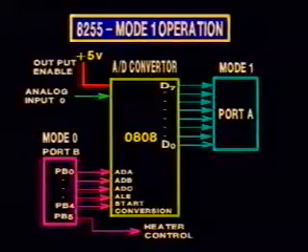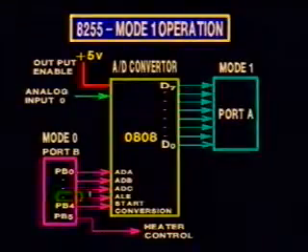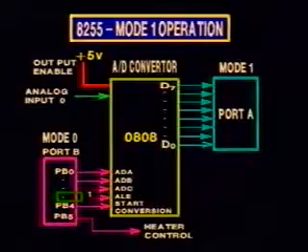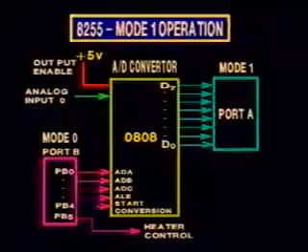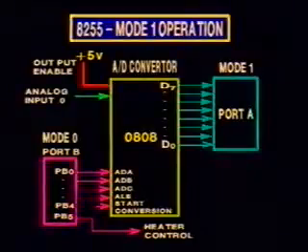This address is latched into the A to D converter by sending out a 1 on PB3. After this, the conversion is triggered by putting a 1 on PB4. The conversion now begins.